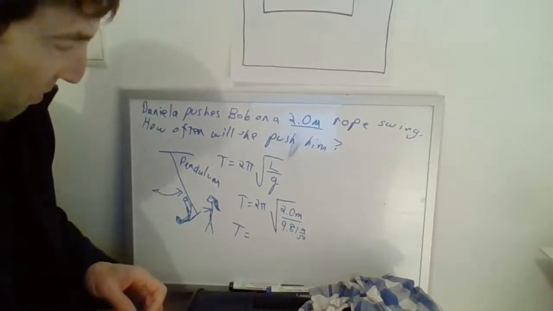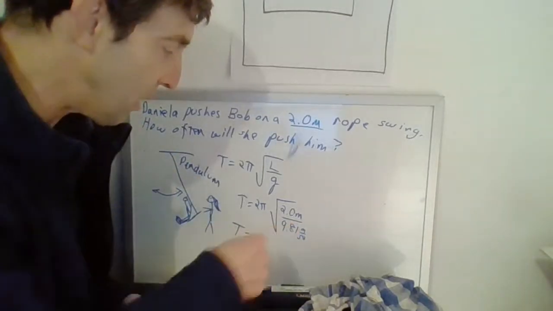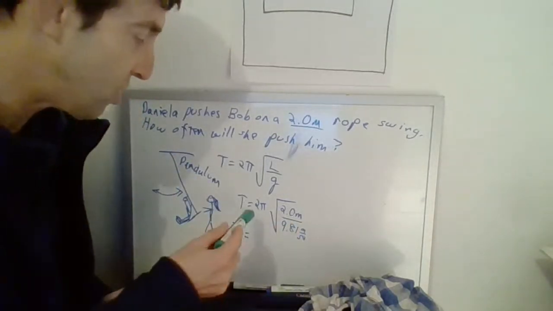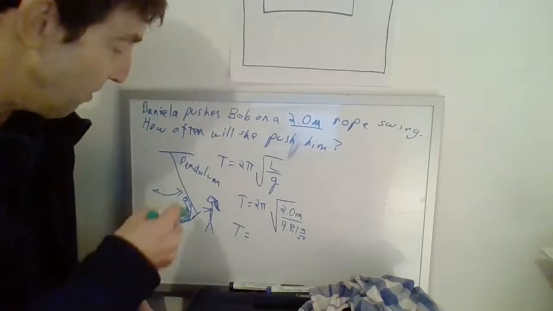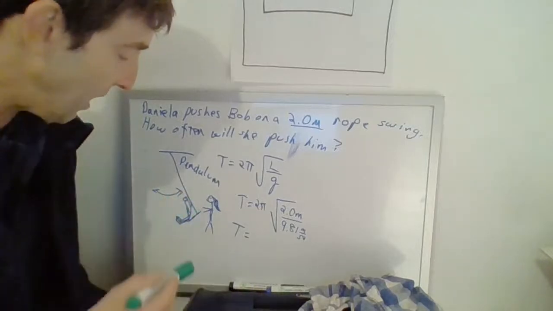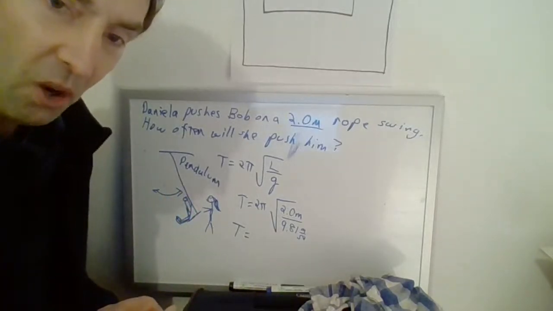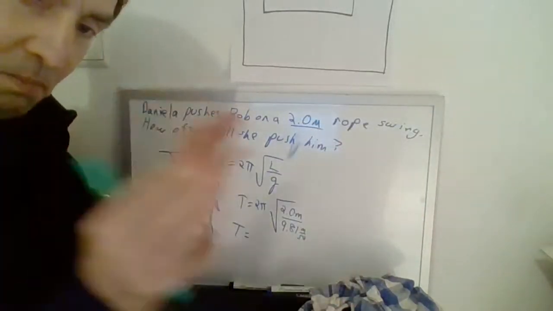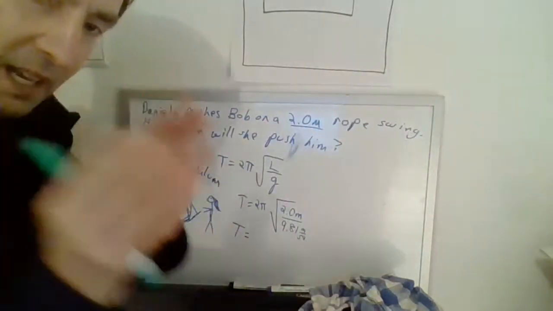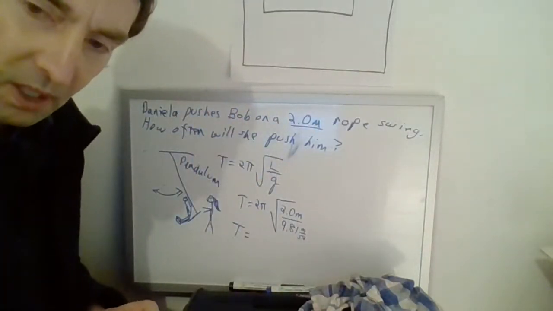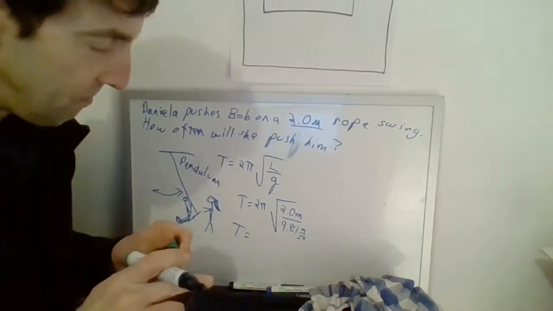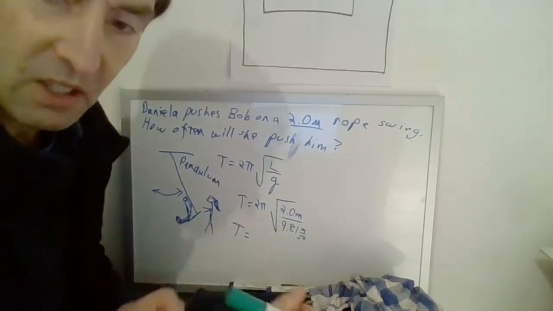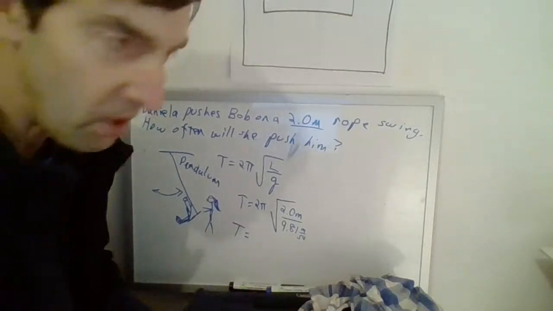Okay, so punch it out, everybody. 2 divided by 9.81. Take the square root, multiply by 2 times pi. Let's see what you get for the period of the swing, because that's what she needs to know, right? Every period goes by and then she pushes. Period goes by and she pushes. She's got to match that period. All right, let's see if everybody gets the same thing. So I got 2.84.